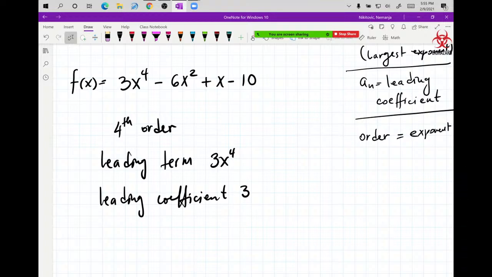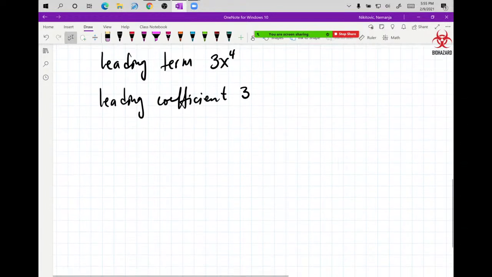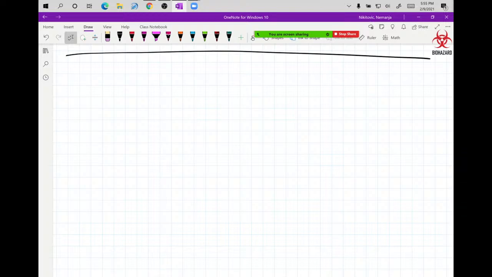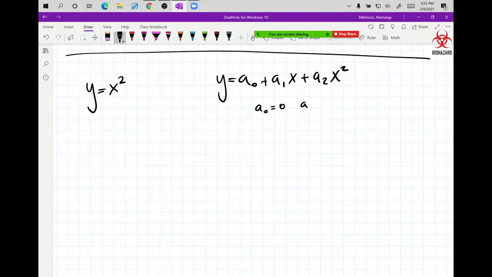So let's take a look at a basic polynomial that we know technically everything about. Y equals x squared. So this is a polynomial, right? Where if you want to match it to y equals a0 plus a1 x plus a2 x squared, right? You can immediately say, okay, a0 is 0, a1 is 0, and a2 is 1.